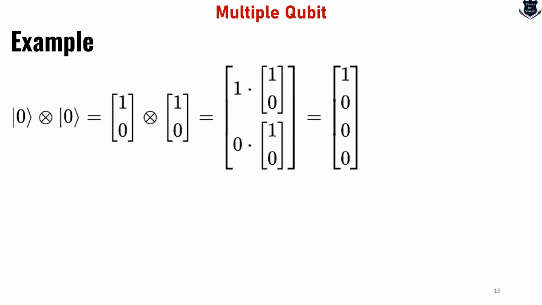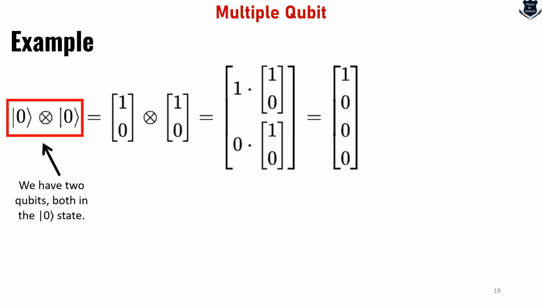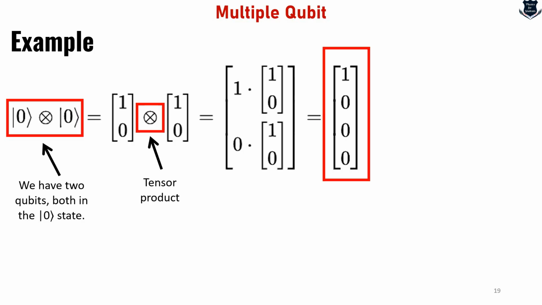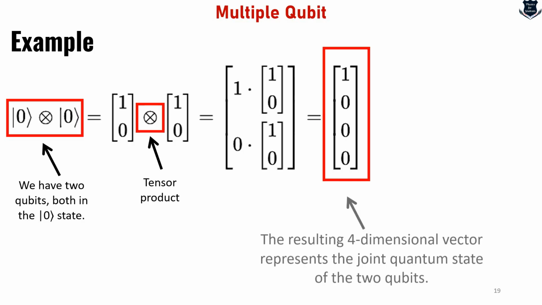So we take this kind of state. What it says is that we have two qubits, both in the zero state, and this is the tensor product. This is what is used to combine the states of multiple qubits into a joint state. In this case, remember that we are taking the tensor product of zero with itself, and what we get is this one.